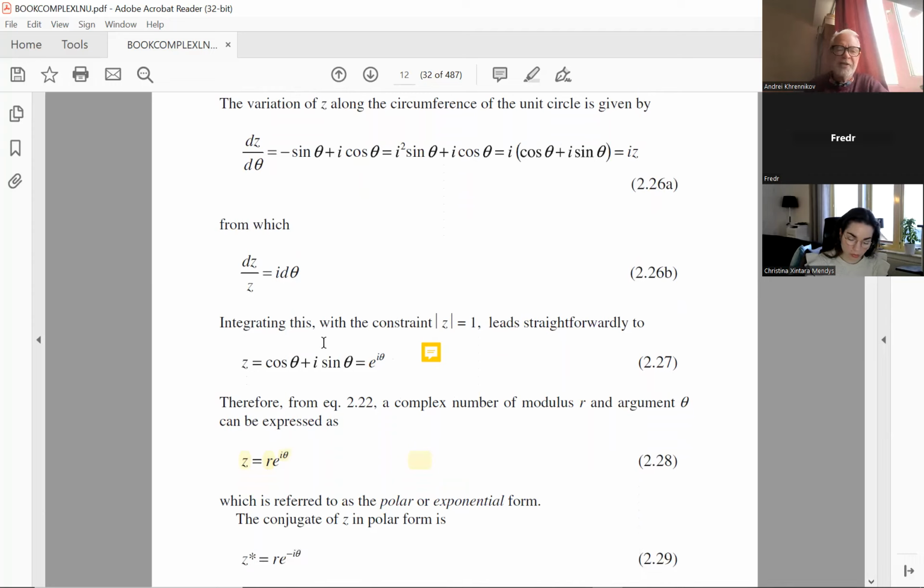It is surprising that the author of this book did not write this. This is just by definition: cosine plus i sine, let us write in this formal form. Later we shall see that by using Taylor series it can be proven, but for the moment it is just a definition. So any complex number can be written as its absolute value, or modulus, times exponent i theta.